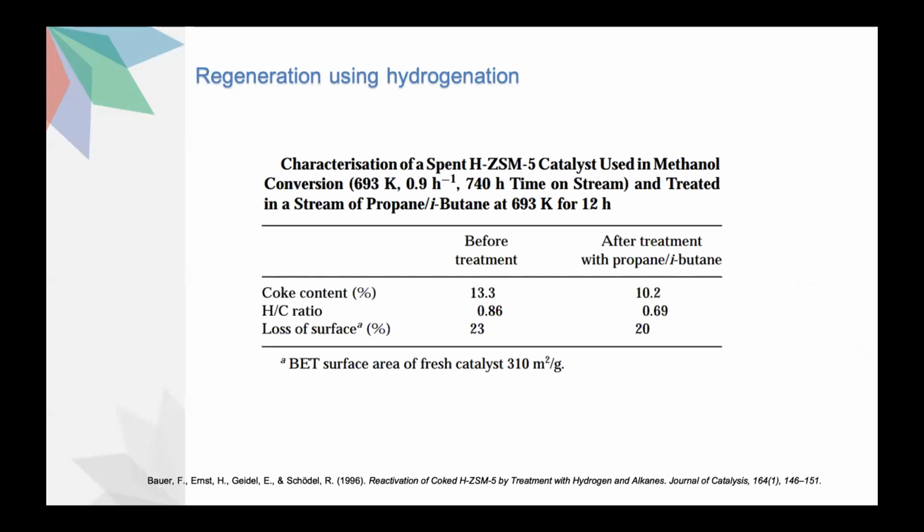In the result, characterization of HZSM-5 catalyst used in methanol conversion and treated in a stream of propane and isobutane at 693 Kelvin for 12 hours. Percent coke content and percent loss of surface area decreased after treatment with propane and isobutane by the hydrogenation process.